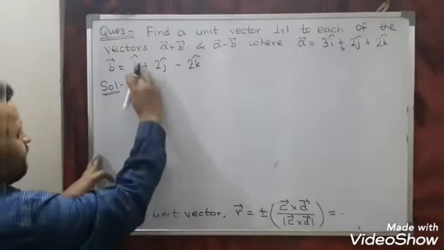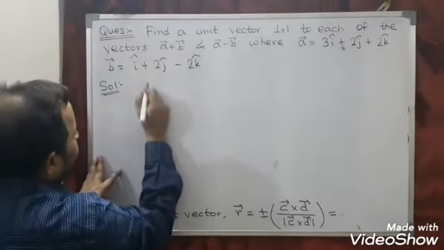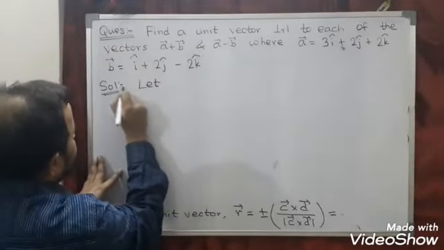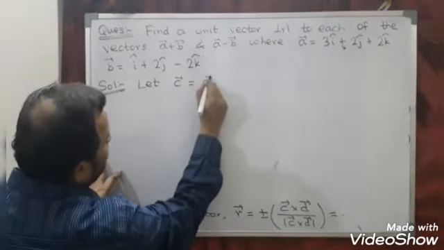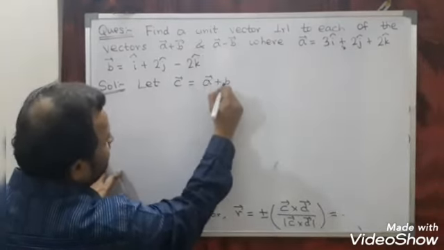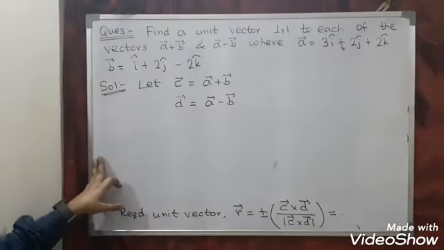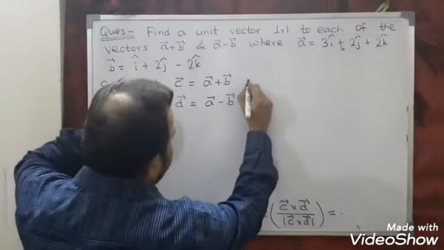Now look here. So here we can say let C vector be equal to A vector plus B vector and D vector equal to A vector minus B vector. So tell me what is A plus B vector?